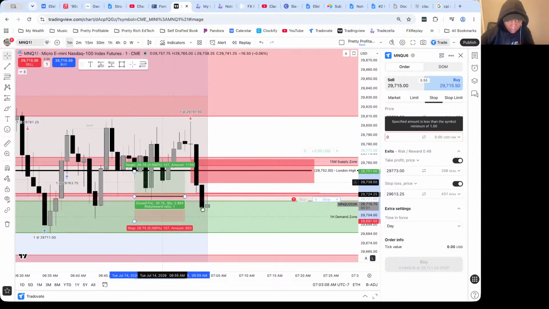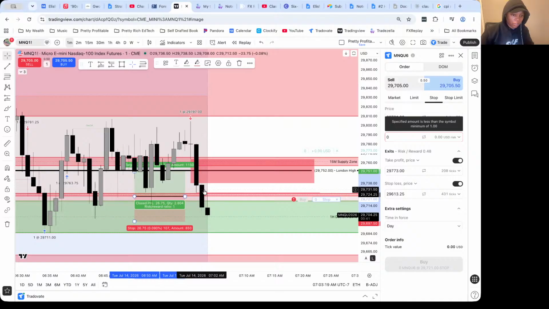So technically, this is not a rejection candle, because rejection candles have a small body and a long wick. So this would not be considered a rejection candle.